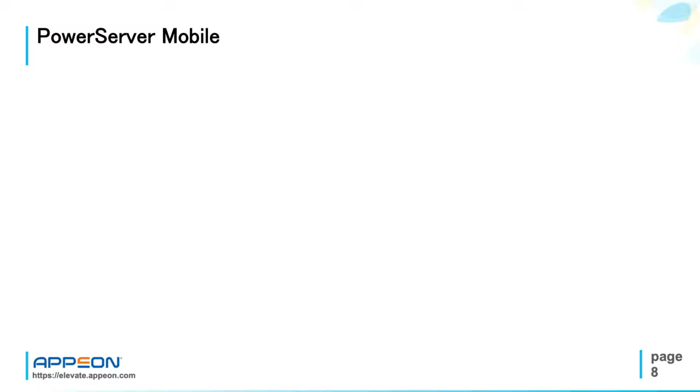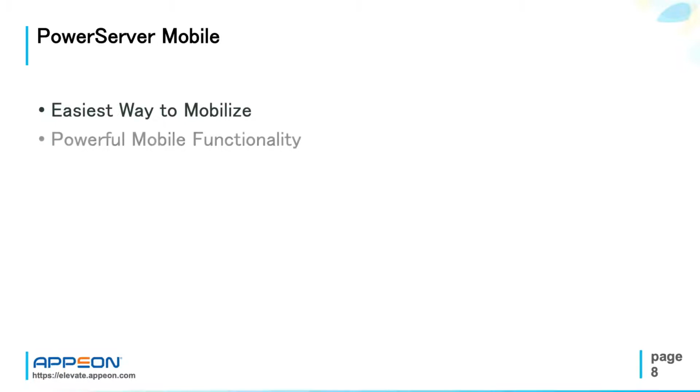PowerServer Mobile instead is the easiest way to mobilize applications written in PowerBuilder. You can reuse code assets from existing desktop applications and deploy universally to both Android and iOS. It provides powerful mobile functionality also.